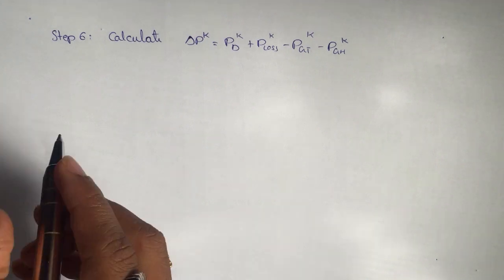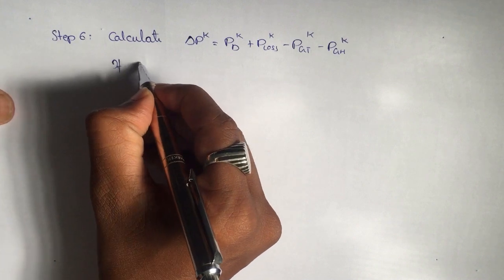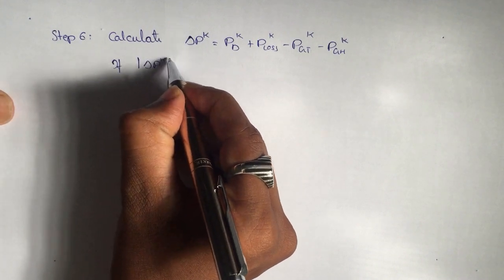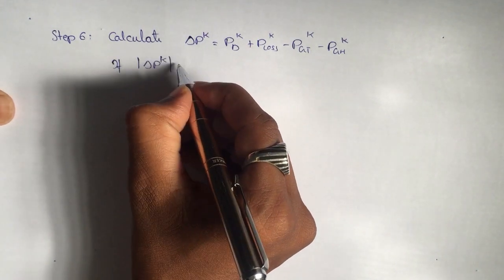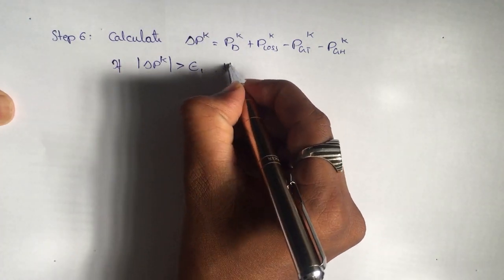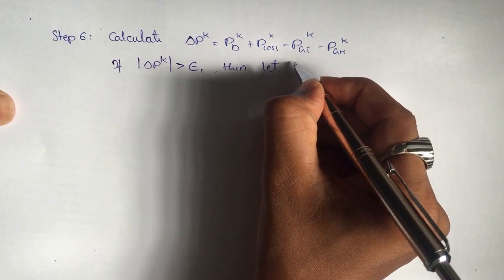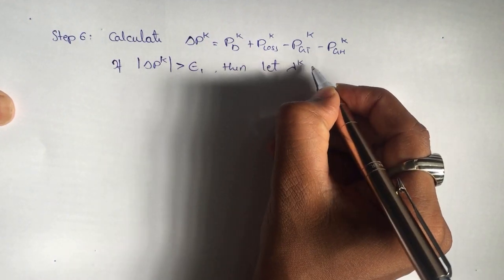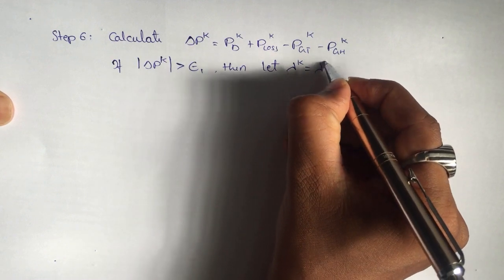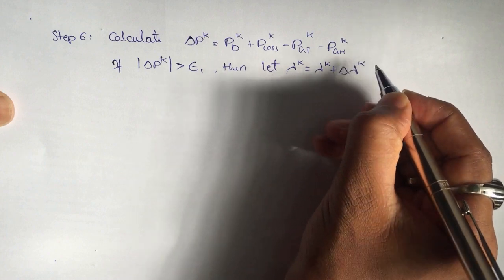Okay, if the magnitude of delta Pk is greater than epsilon 1, then let lambda k is equal to lambda k plus del lambda k.